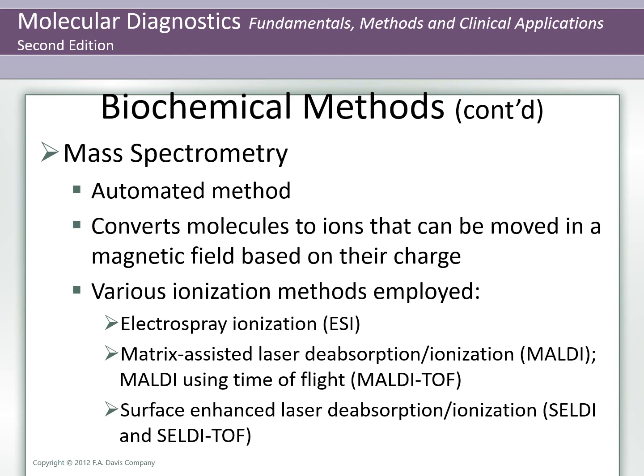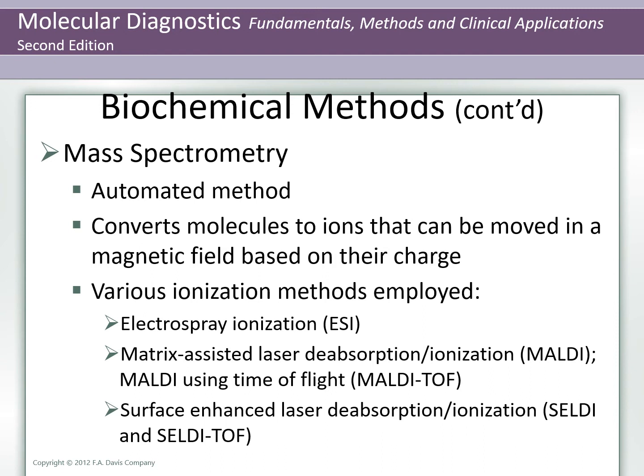And MALDI-TOF, matrix-assisted laser desorption ionization using time of flight for measurement, in which high molecular weight molecules are identified using this method. And this is a method that I've also mentioned that is currently being used for microbiology identification as they identify organisms based on their protein structure.